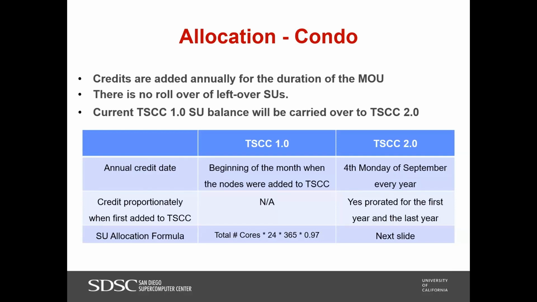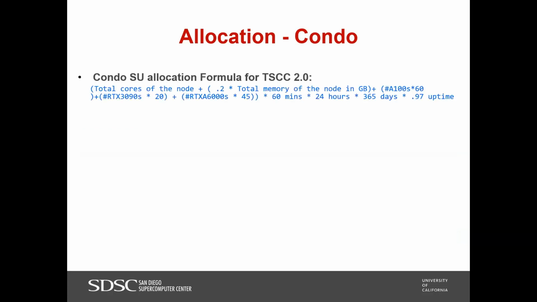But for the TSCC2, the formula is more complicated, and I will list the formula here. We will consider several parts of your hardware in this formula. First is the total number of CPU cores, and then the total memory of the nodes in the unit of gigabytes.